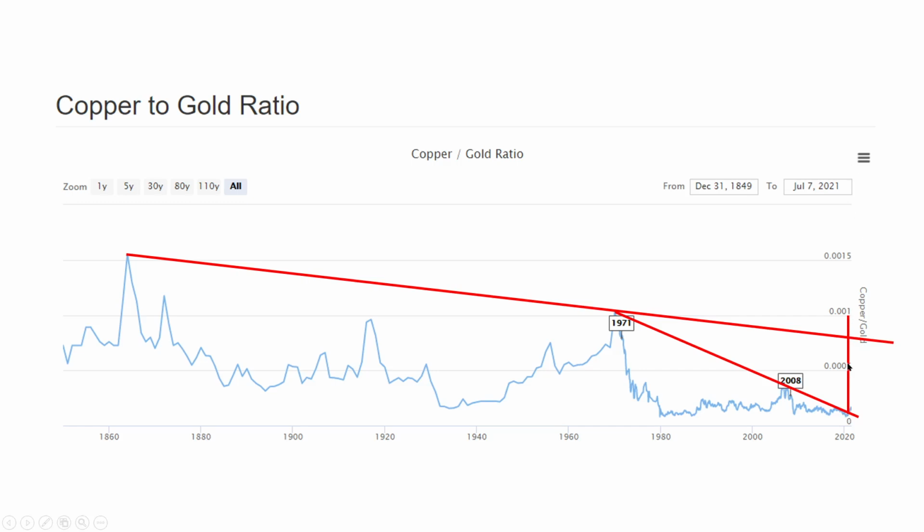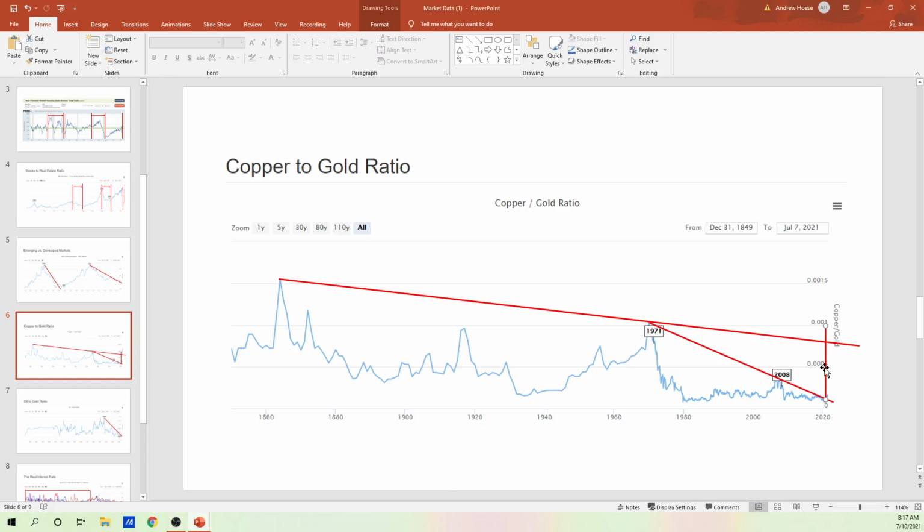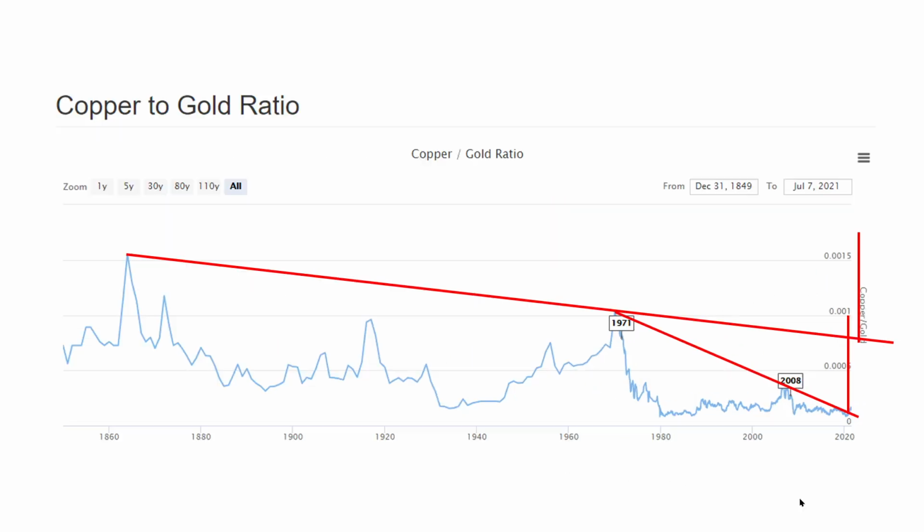And this is how ridiculous it can be: that projection could be something along the lines of going to about here. We could put this on top of that. It could go all the way to ridiculous levels, potentially, for the copper to gold ratio, with copper outperforming.